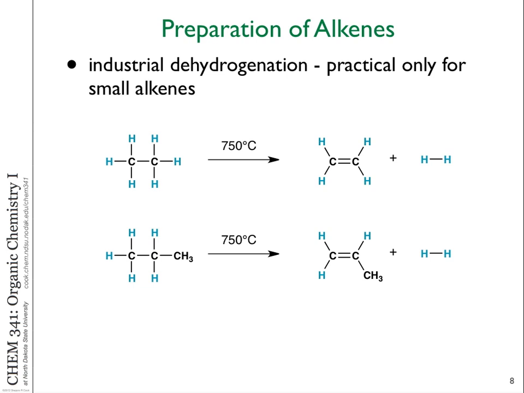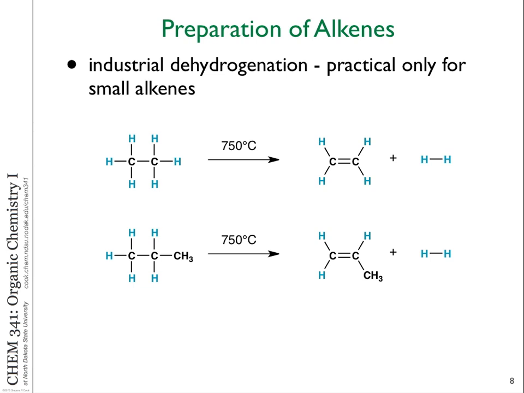But it's only useful for practical reasons in small hydrocarbons like ethane and propane, because once you start to get longer chains and more complicated molecules, you form double bonds all over the place, and then you have all kinds of constitutional isomers. There's no way really to control which hydrogens come off in this process.